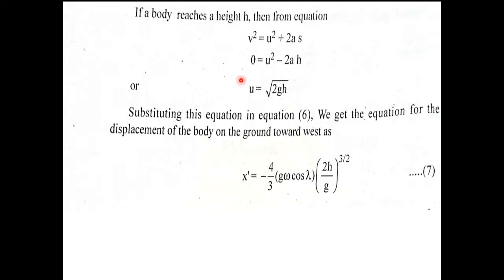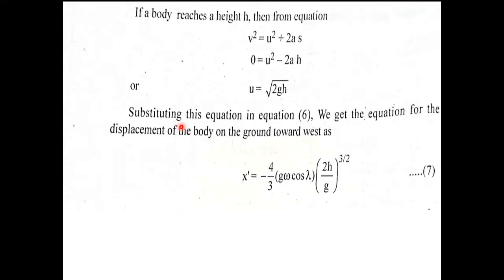If a body reaches a height h, then from the equation v square = u square + 2as, here v will be 0. So 0 = u square - 2gh, or u = under root 2gh.